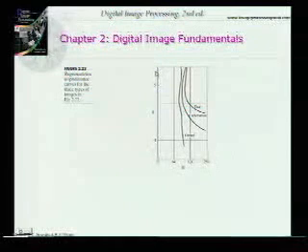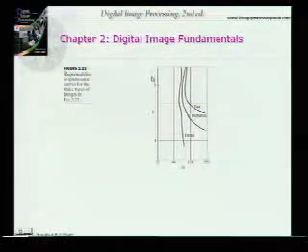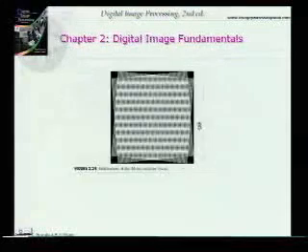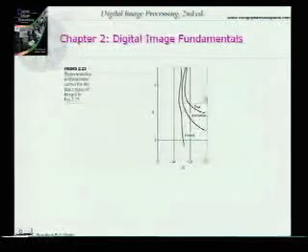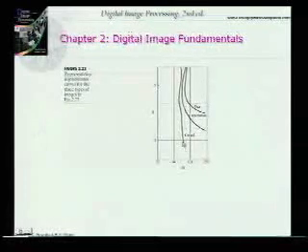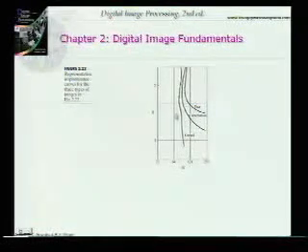A couple of interesting observations. First of all, for the crowd image, which has lots and lots of details in it, you get an almost vertical line here, which means it almost doesn't matter that you're reducing k from 5 to 4 bits.